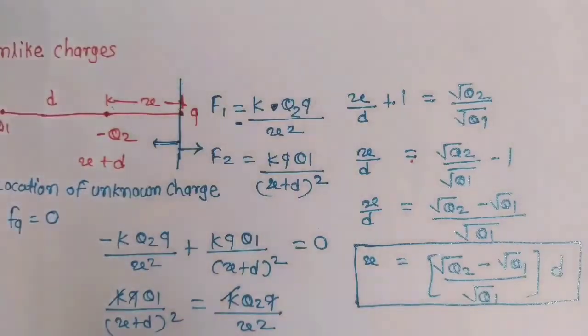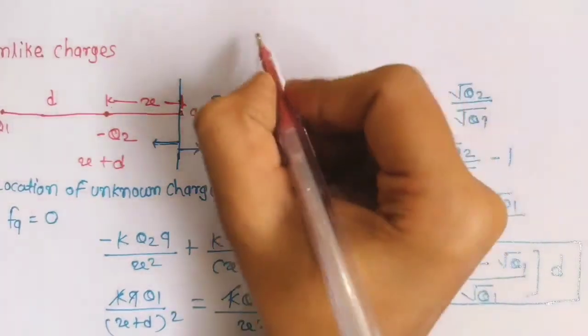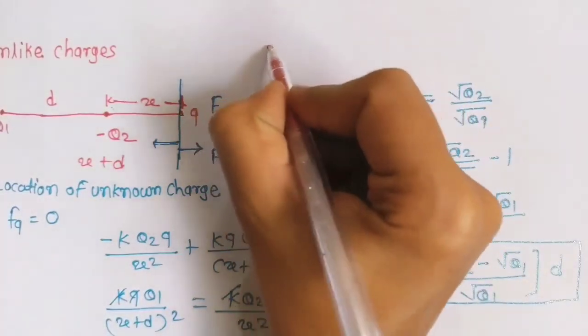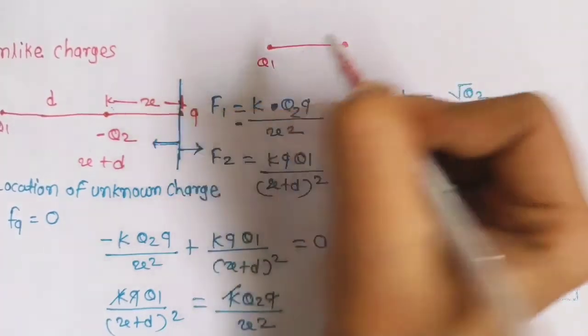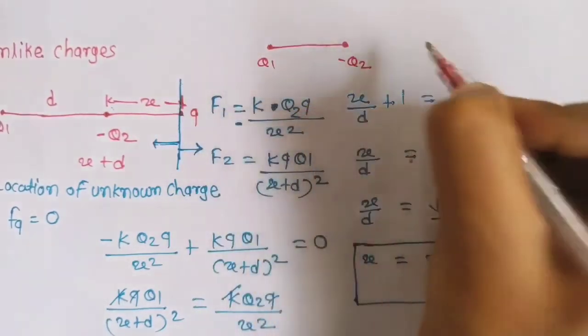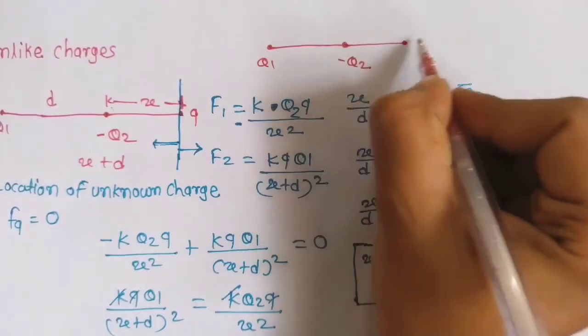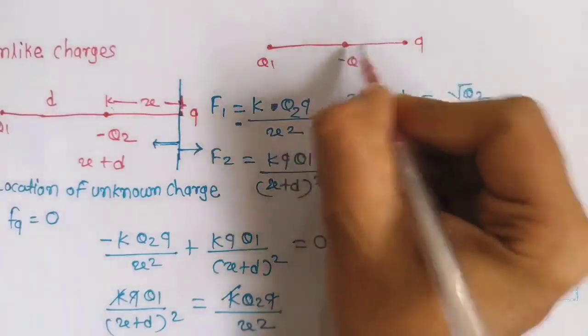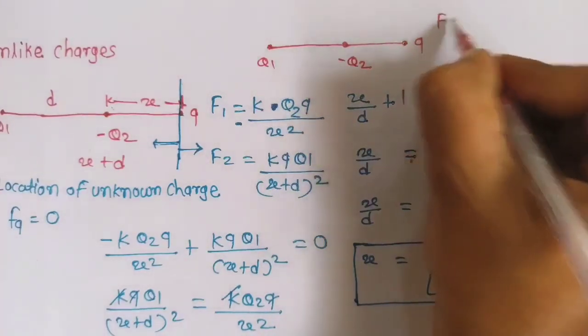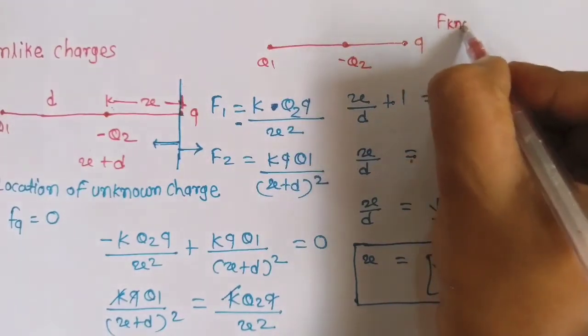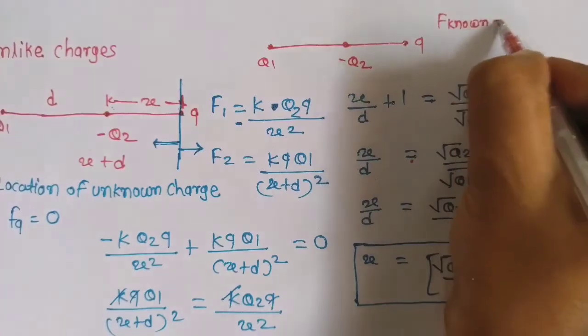When we have to find the magnitude of this charge, so this is our diagram. This is Q1, this is minus Q2, and this is the unknown charge Q, and we have to find the magnitude of this. So we take F on the known charge equal to 0.